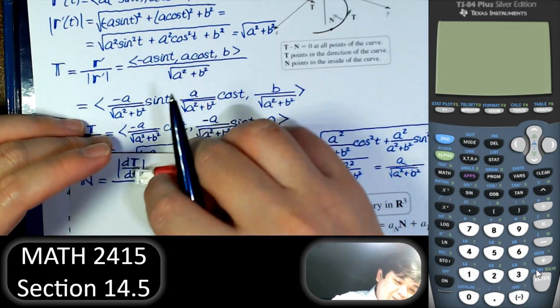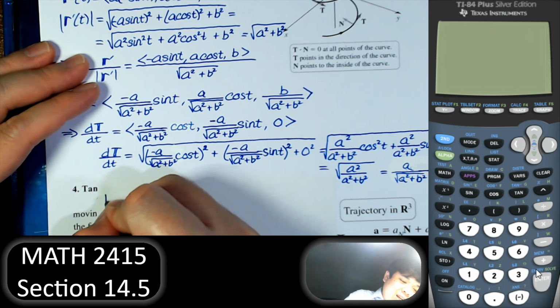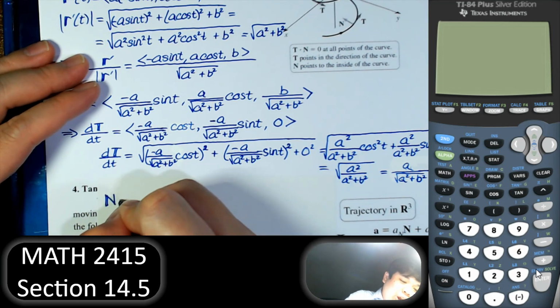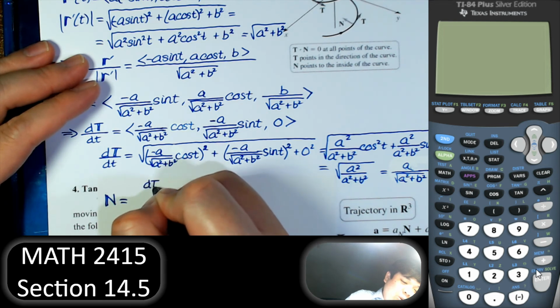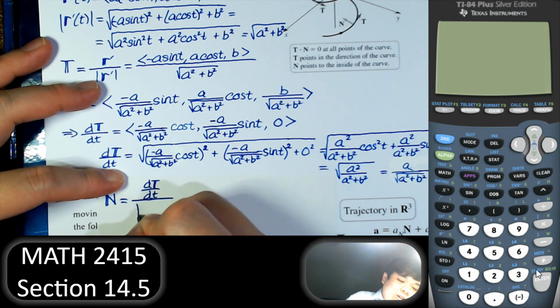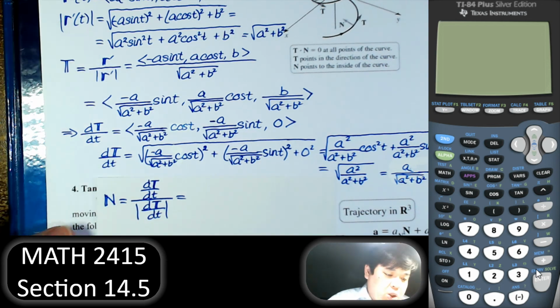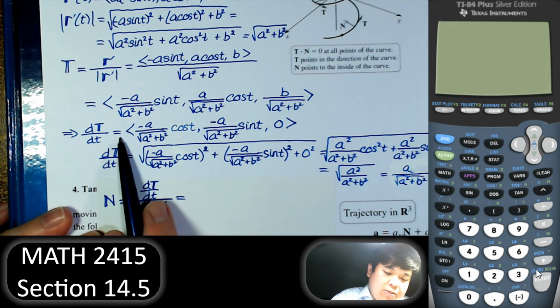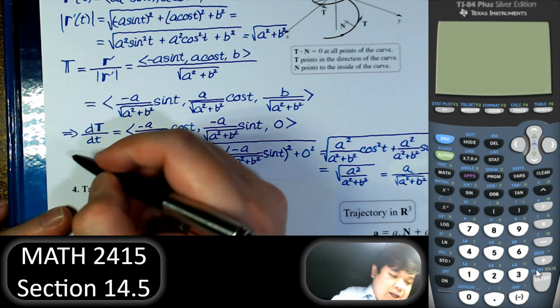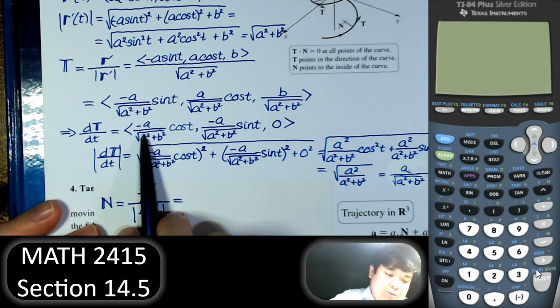So the principal unit normal vector is the derivative of the unit tangent vector over the magnitude of that. The derivative will be this, and this is the magnitude.